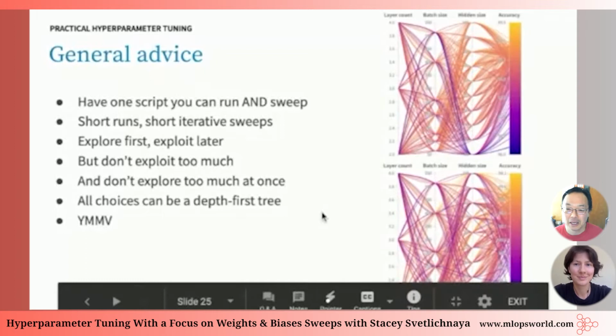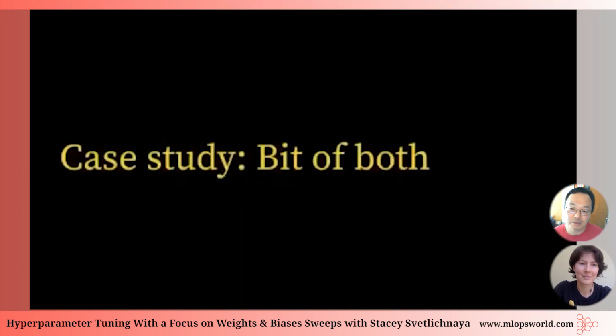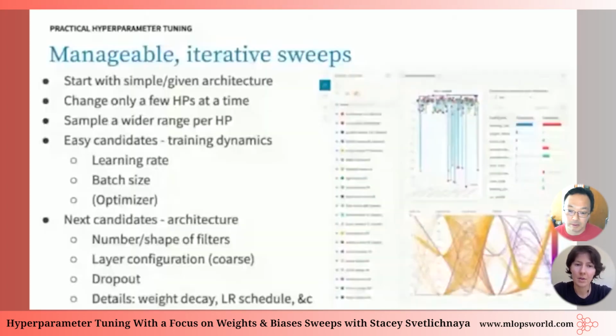And on the manageable and iterative sweep slide, there was a question, does this approach change when using GBDT, which I'm assuming is gradient boosted decision trees? Yeah, so I haven't trained many models with that myself. This is all focused on convolutional neural networks and recurrent neural networks with deep learning. So I think you could use the same approach, but honestly, I haven't trained a model like that myself.